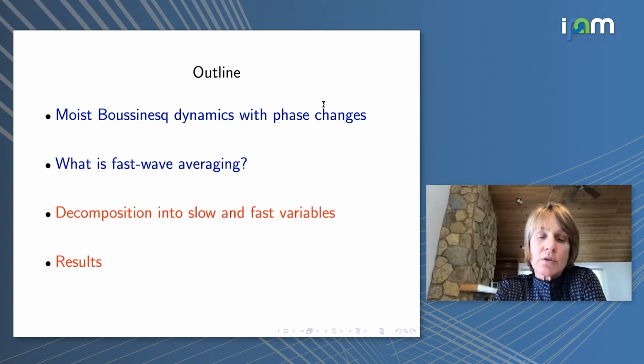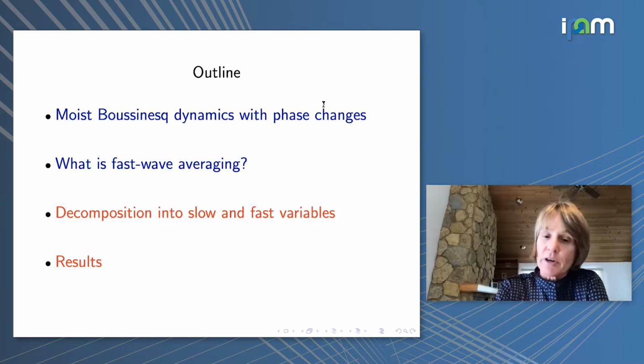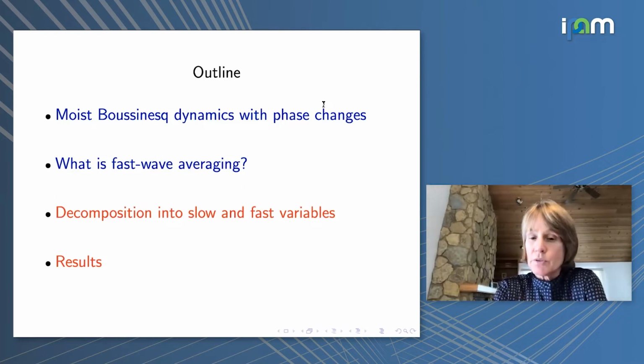And in order to carry out this procedure, we need to be able to decompose the flow into the slowly varying part and the fast wave part. So I'll tell you how we do that in the case of phase changes, and then present the results, which will be partly analysis, some numerical simulations, and then a simple ODE model that helps us understand the mechanisms.